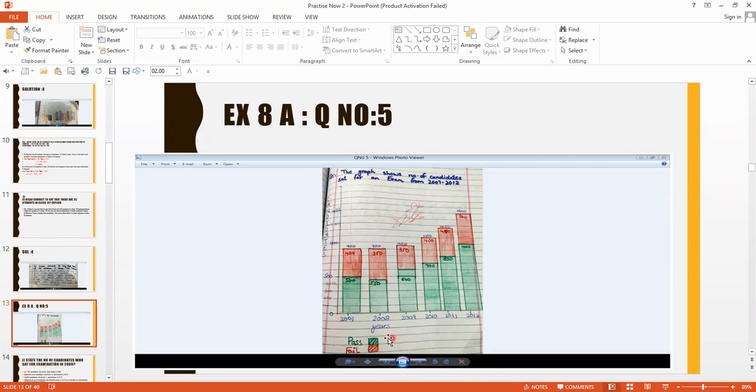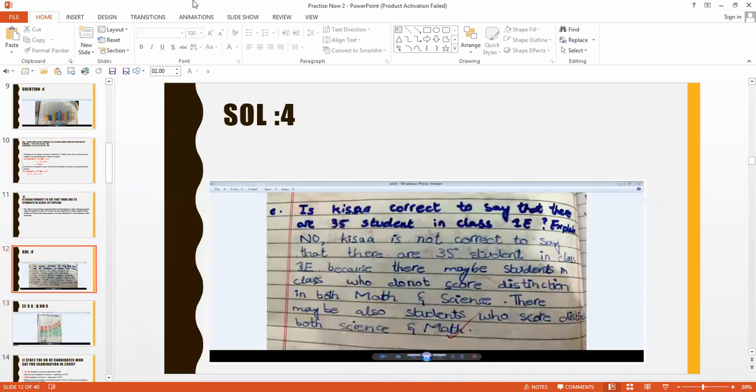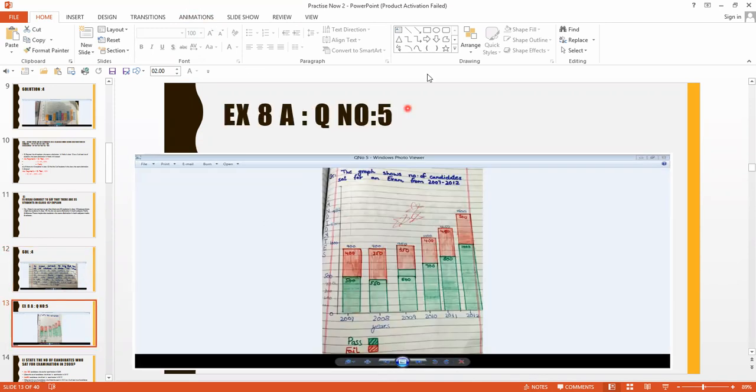In 2007, how many students passed? 500. And how many failed? 400. And how many total students are there? 900. I will write it here so it becomes easier.